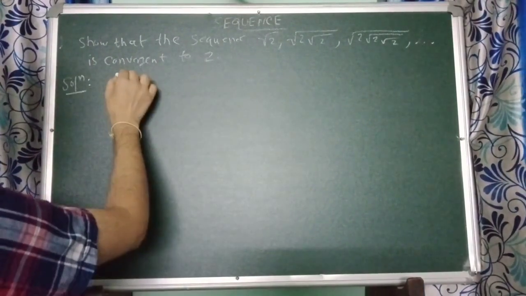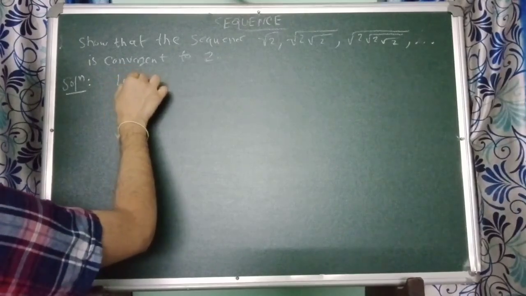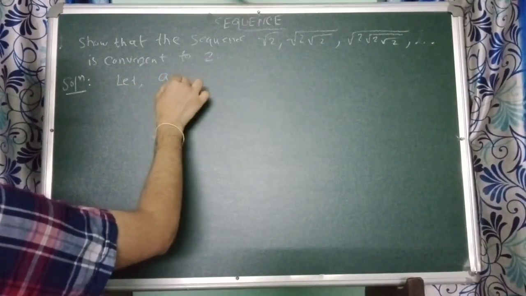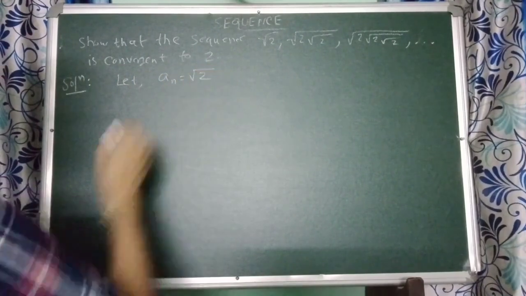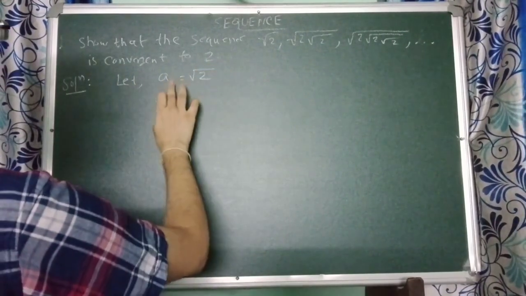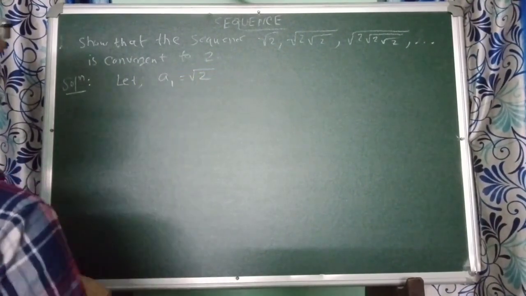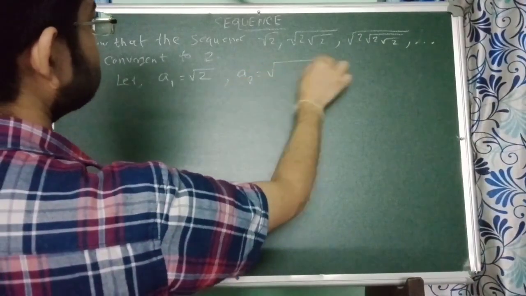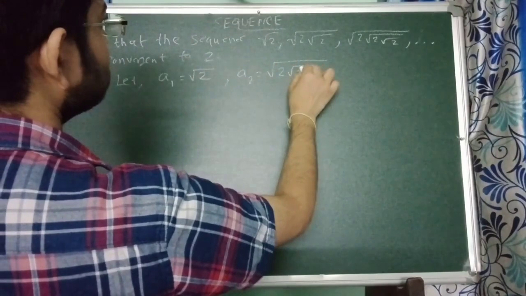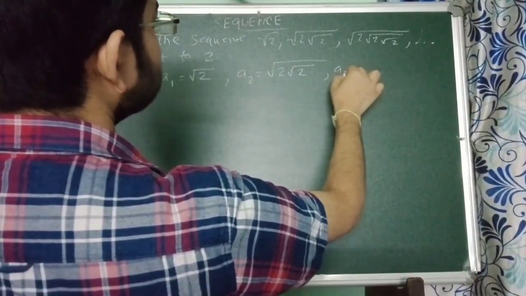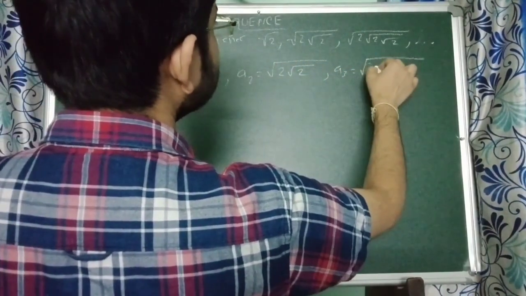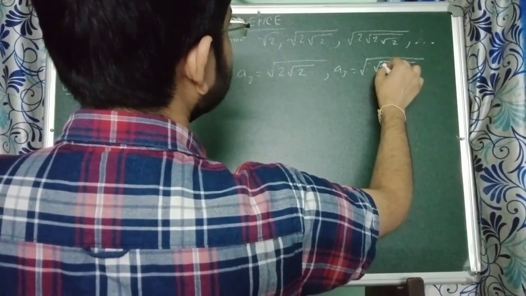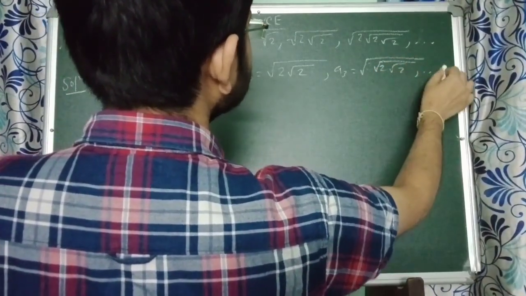So first we assume that a_1 equals root 2, a_2 equals square root of 2 root 2, a_3 equals square root of 2 into root 2 into root 2 and so on.